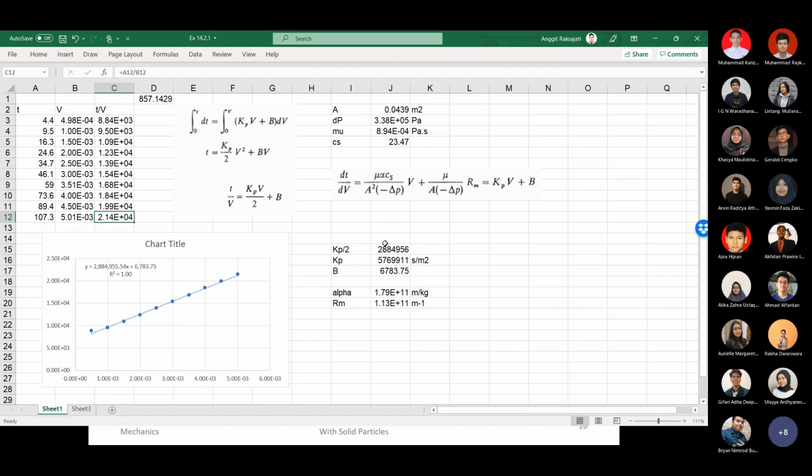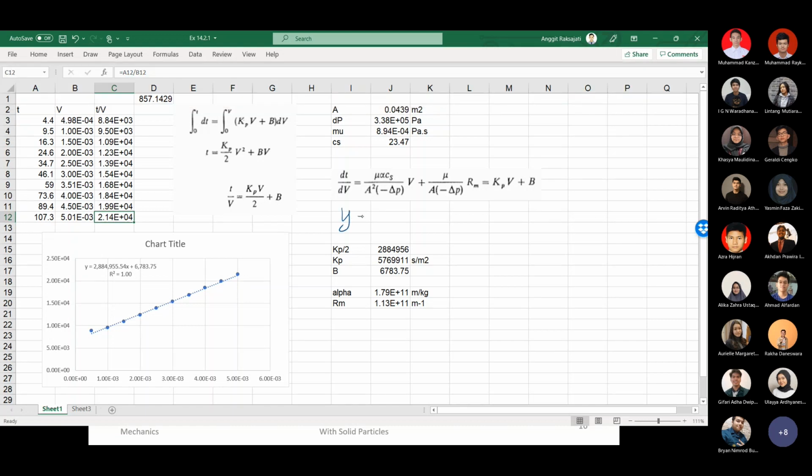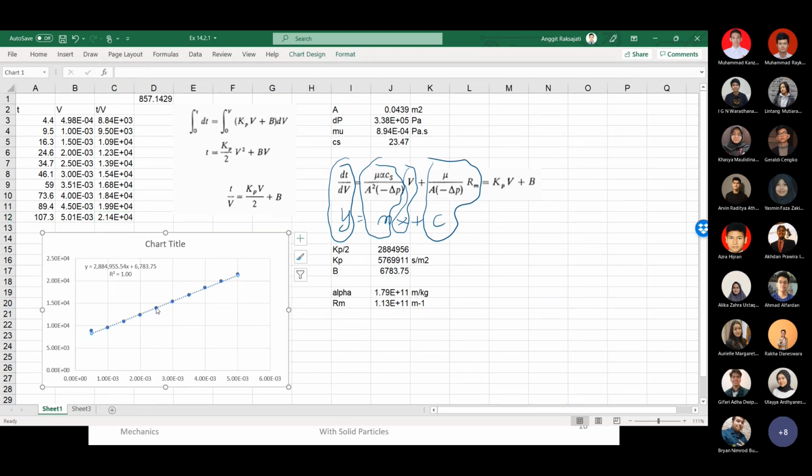If your typical linear regression is y equals mx plus c, that's your y, that's your m, that's your x variable, that's your constant. Then it's a matter of linear regression.